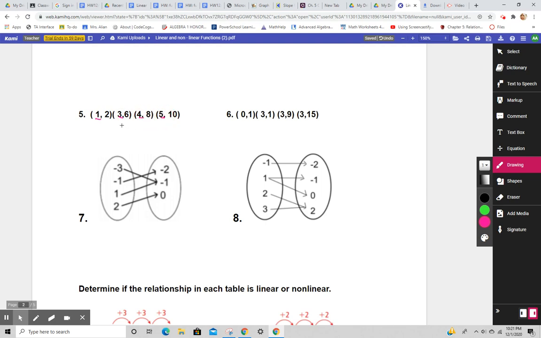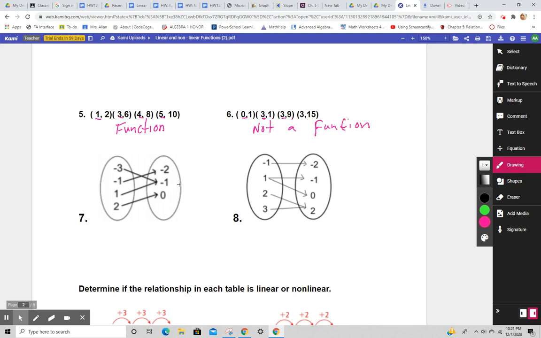None of the x's repeat, so this is a function. Let's look at the next one. (0, 3, 3). You see how 3 is paired with 1, 3 is paired with 9. So this is not a function. Not a function.